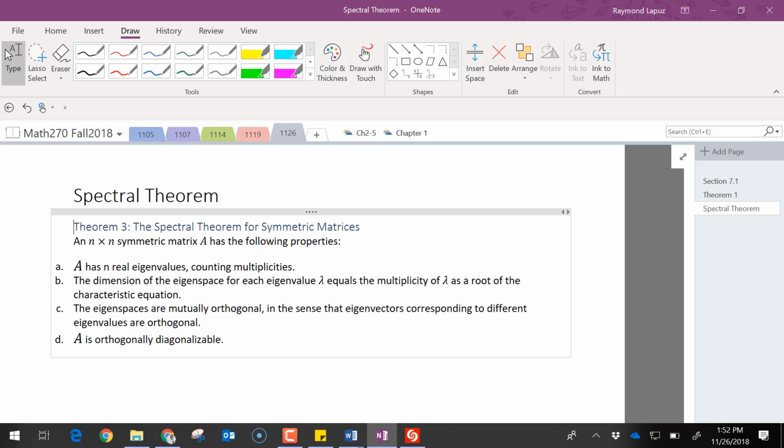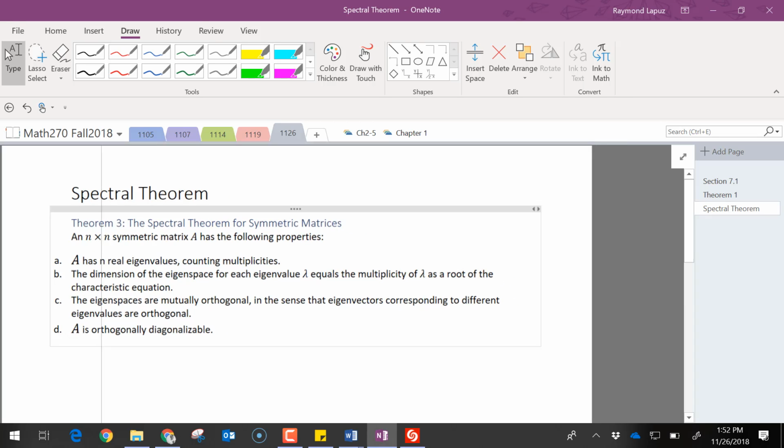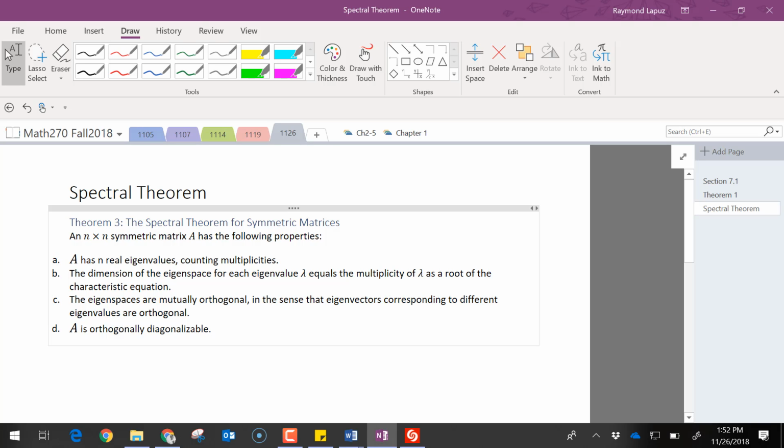B, the dimension of each eigenspace for the eigenvalue equals the multiplicity. So what that's saying is that it's the same thing that we did in our problem where we had lambda is equal to 7 eigenspace.